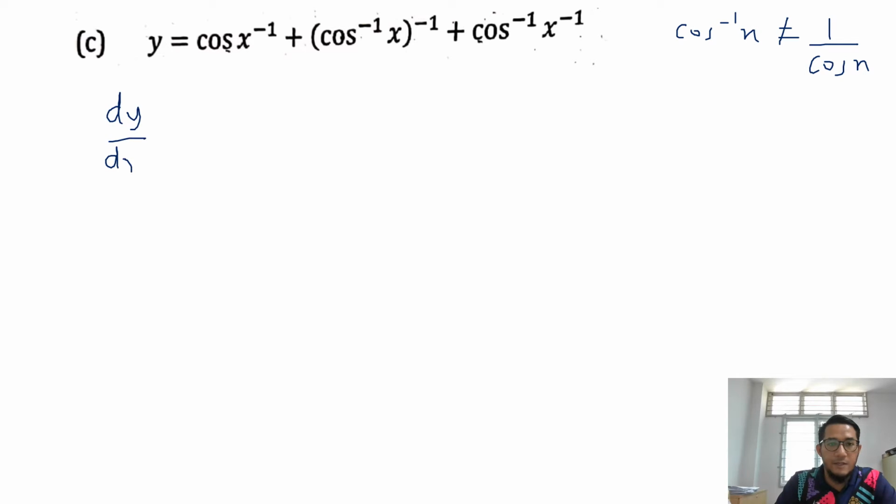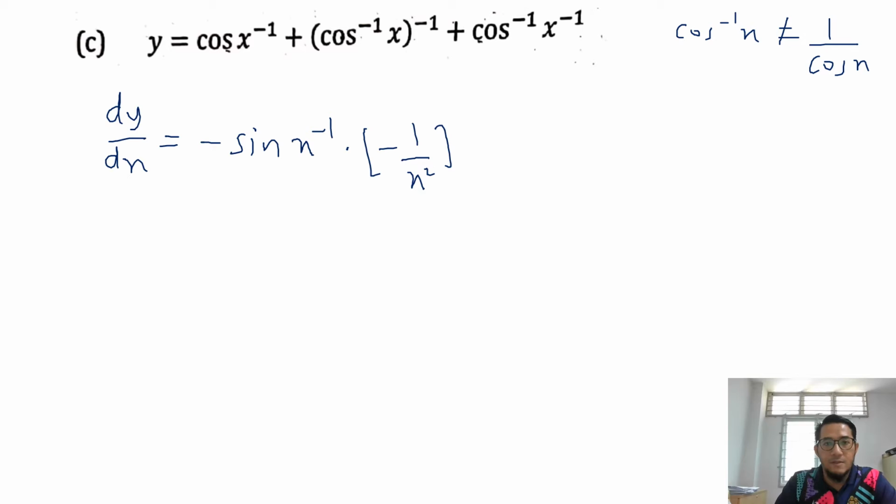So dy/dx equals, first differentiate cos x power of negative 1. This one is a composite function, so we need to apply chain rule. Differentiate cos, you get negative sine x power of negative 1, times differentiate x power of negative 1, you should get negative 1 over x squared.